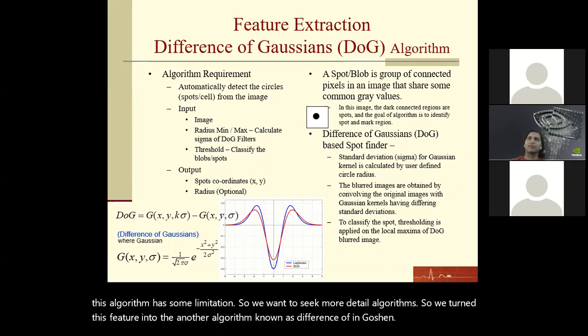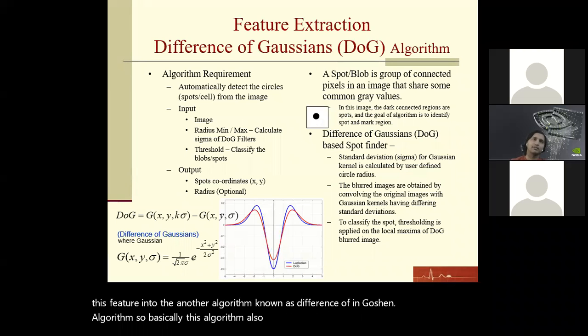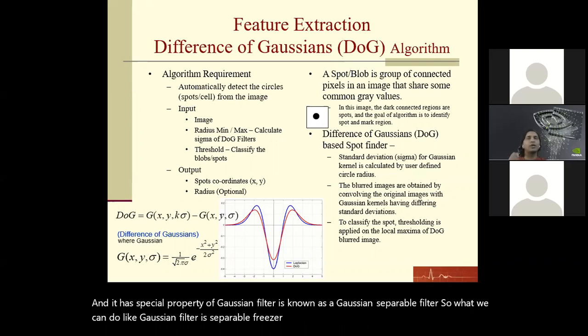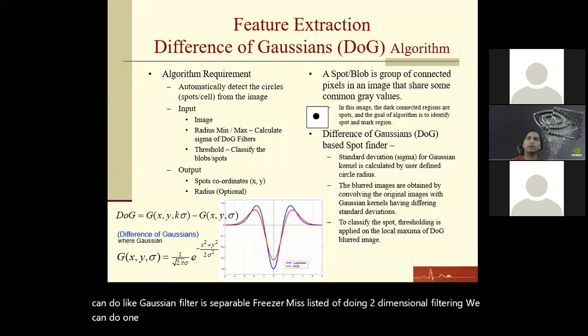This algorithm also gives the same results, and it uses a special property of the Gaussian filter, which is separable. Instead of two-dimensional filtering, we can do one-dimensional filtering, which saves a lot of computational time.